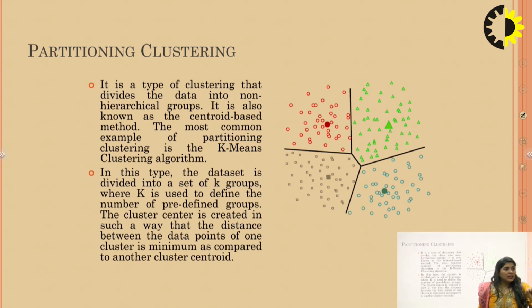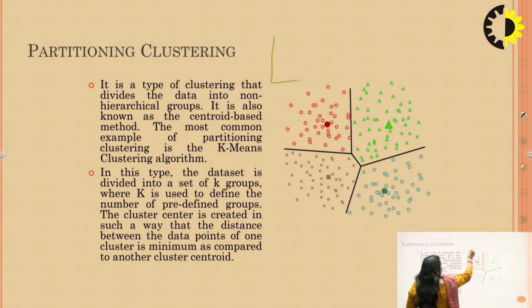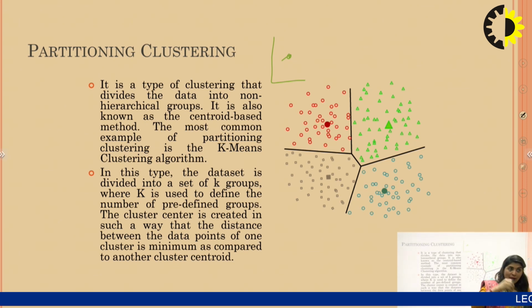The cluster centers are created in such a way that the distance between the points of one cluster is minimum as compared to another centroid. What is the meaning of this? Here is a centroid. We will select only those points that have minimum distance from this center point.